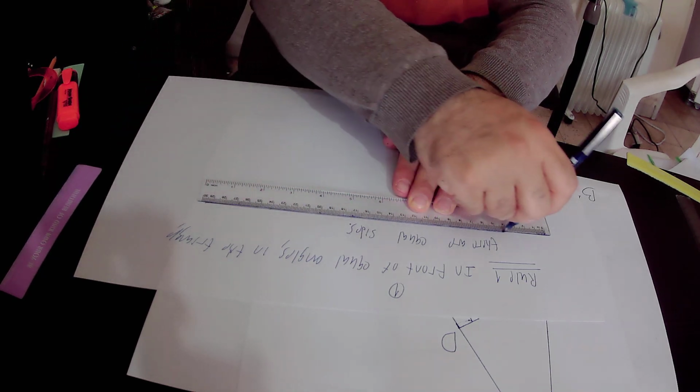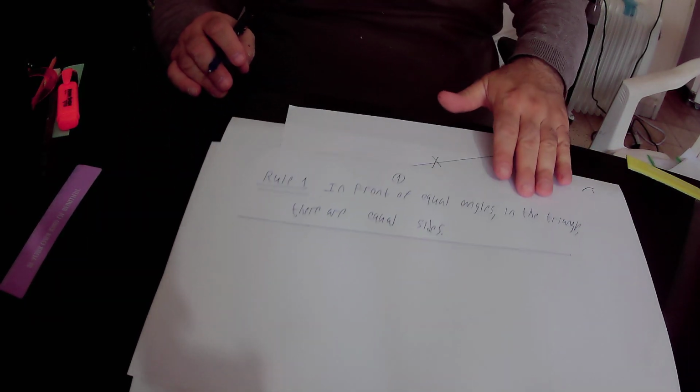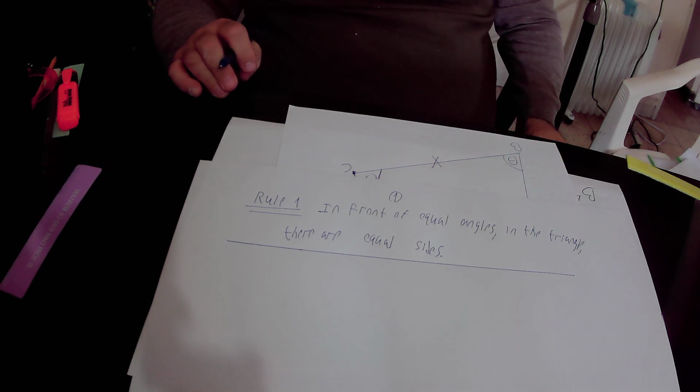So I will read rule number 1 again. According to rule number 1, in front of equal angles in the triangle there are equal sides.